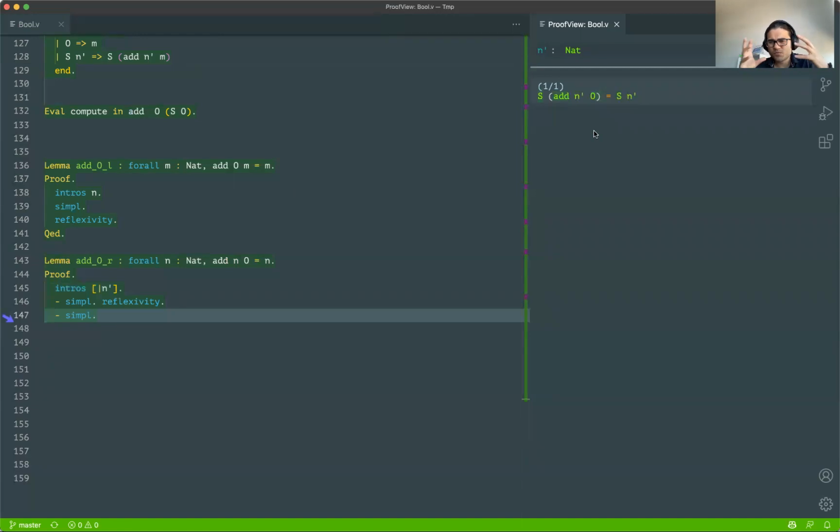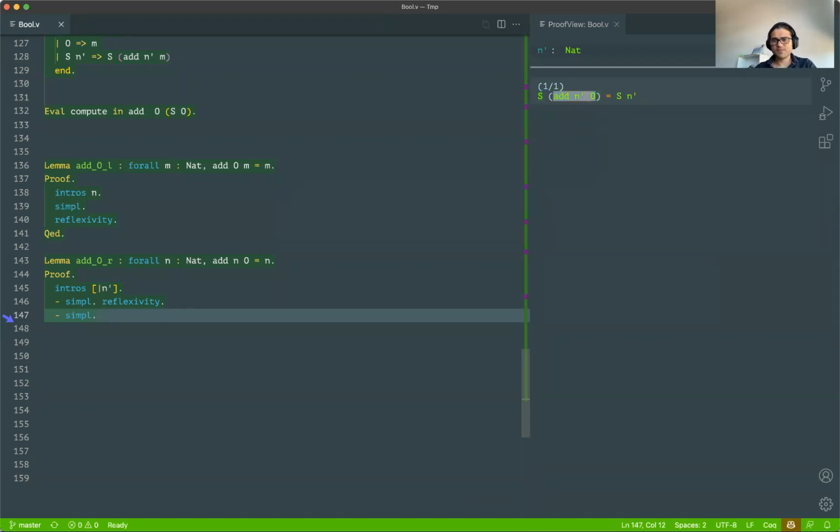If somehow by magic I get an assumption that this thing is equal to n prime, then I can replace this thing by n prime and these two terms are equal. But I don't have that.